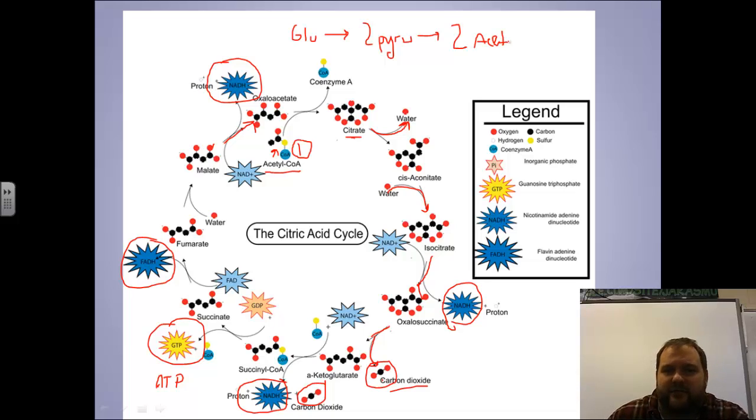That means for each molecule of glucose, we get to run this process twice. So we generate double the amount of energy for each molecule of glucose because we can run the citric acid cycle, or the Krebs cycle, twice. So that's the Krebs cycle. Very, very important process. It takes place in the matrix of the mitochondria, in that fluid. Very important.